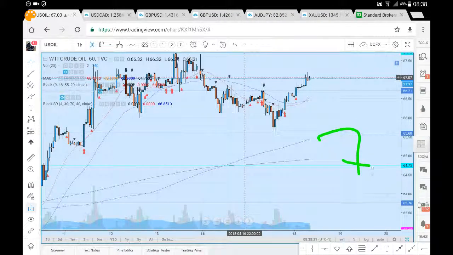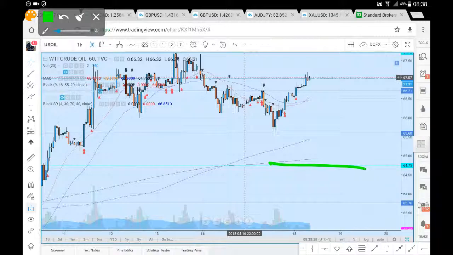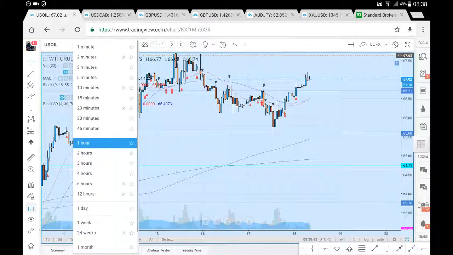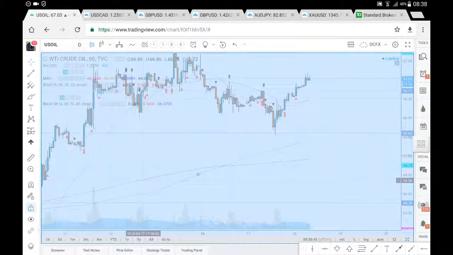Those are pretty much the levels that we are looking at here, while being aware that we might find major support in around 64.76, as we do have the high confluence of the 400 period moving average, thus increasing likelihood of seeing a bullish bounce in the market if we were to retrace all the way down towards that 64.76 level. Now we'll have a brief look at the daily chart before wrapping up here on the US oil.